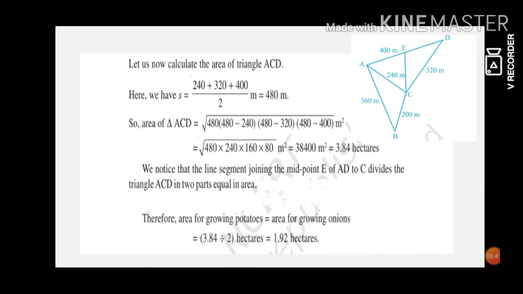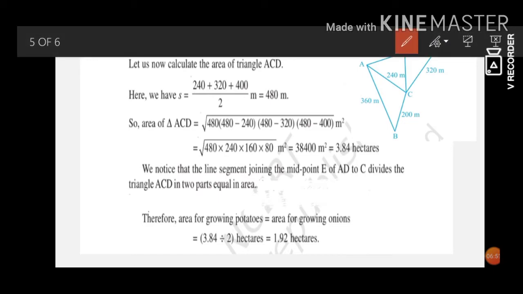Now we have to find the portion where potato and onion are grown. ACD is a triangle where both potato and onion are grown. Here we will first find the total area of ACD and then we will divide it, since the areas of potato and onion will be equal. We will divide the total area of ACD by 2 and we will get the area of potato and the area of onion.